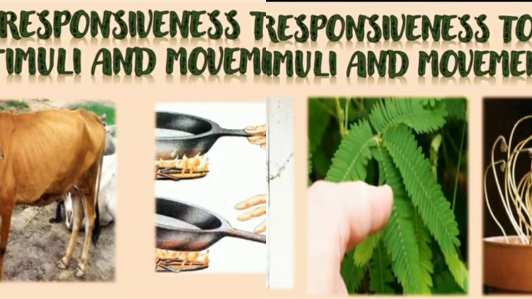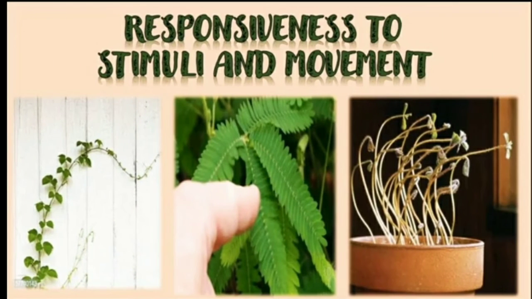A creeper which is planted in the courtyard leans towards a support. A potted plant placed in a window grows towards the sunlight. So what does this mean, children? It means that plants too show movement. Living things move of their own accord. That means living things move according to their own will, right?